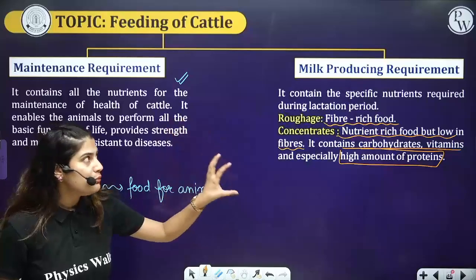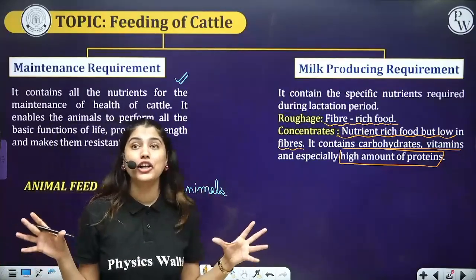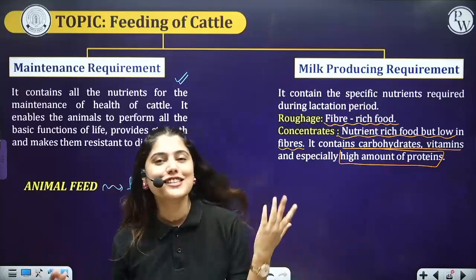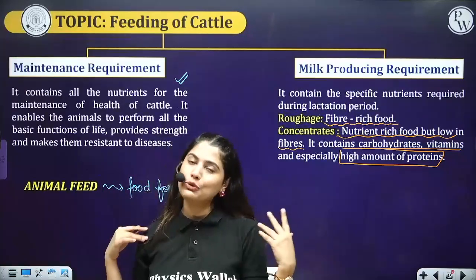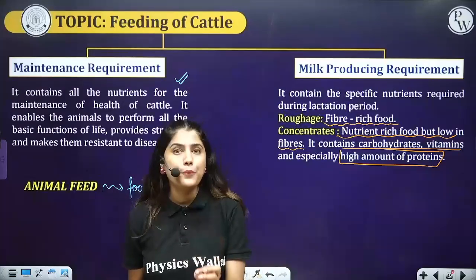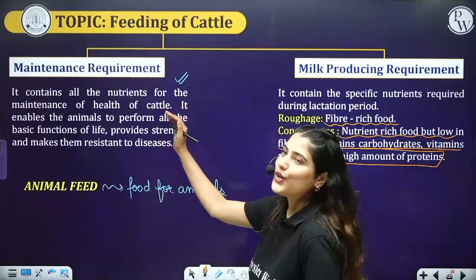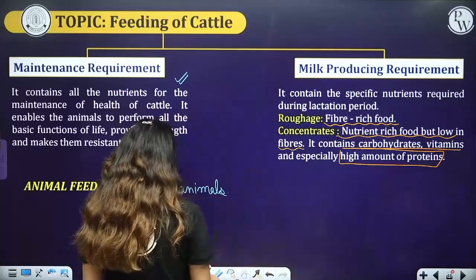Also, one more thing you have to remember, we are giving them a balanced diet. Yes, just like you need a balanced diet, that you need carbohydrate, proteins, fats, vitamins, all the nutrients in proportionate amount. Similarly, the cattle also require a balanced amount.